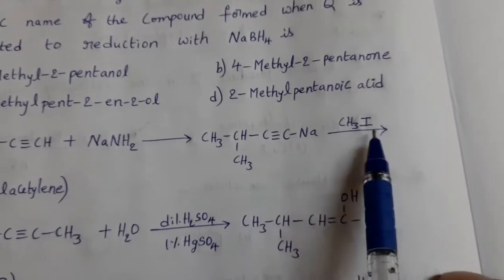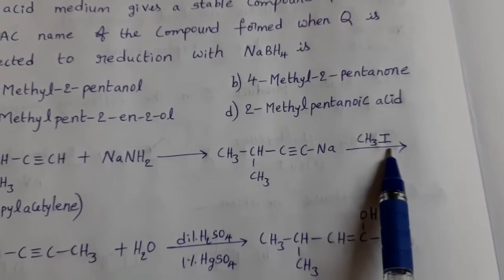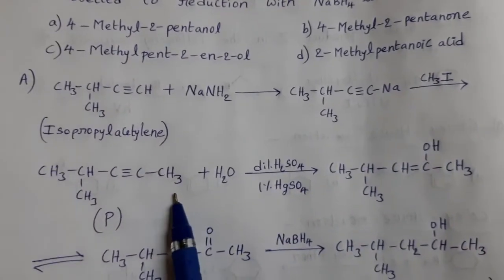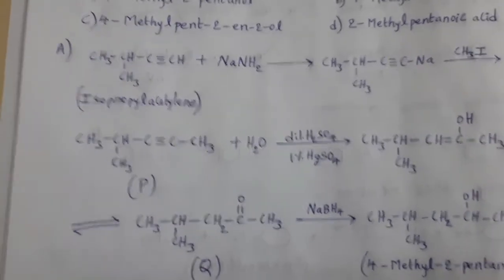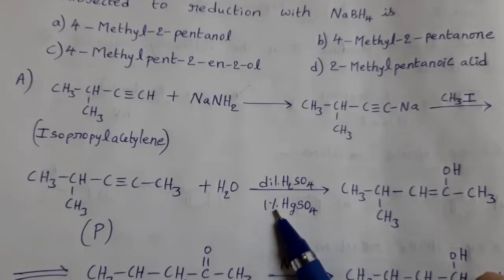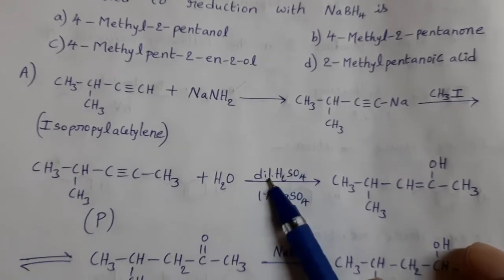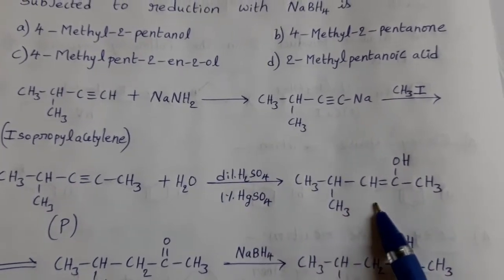This compound treated with iodomethane, CH3I, then sodium is replaced by CH3, an alkyl group is substituted. This compound is P. This compound P on hydration in presence of 1% HgSO4 and acidic medium, so dilute H2SO4 and 1% HgSO4, then we can get this one.